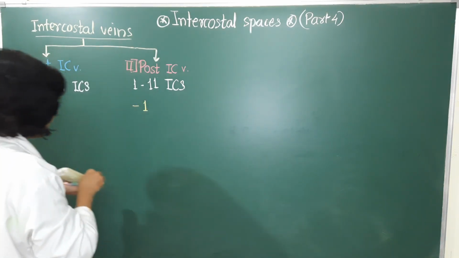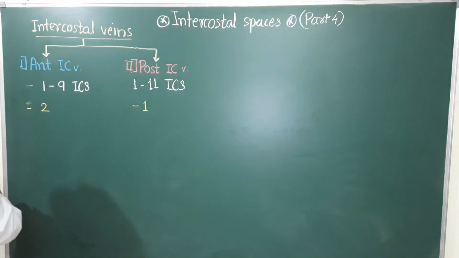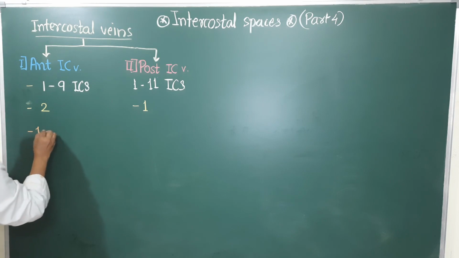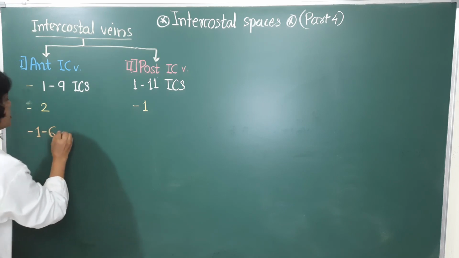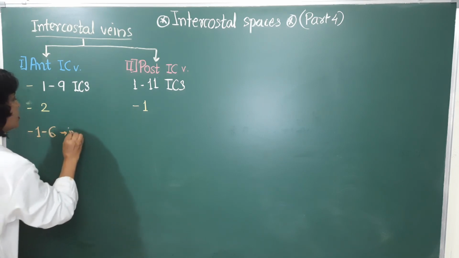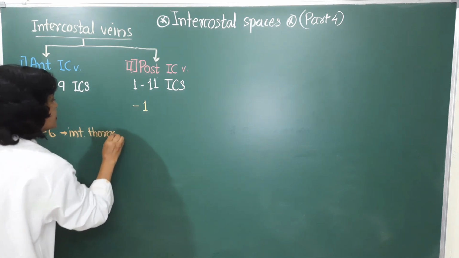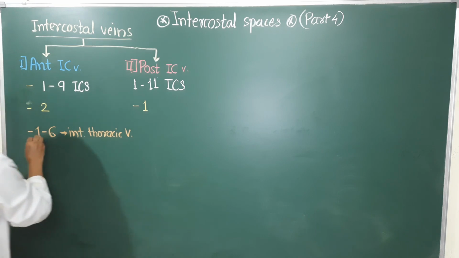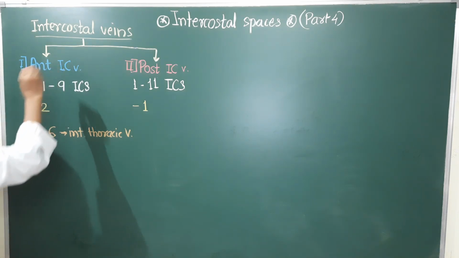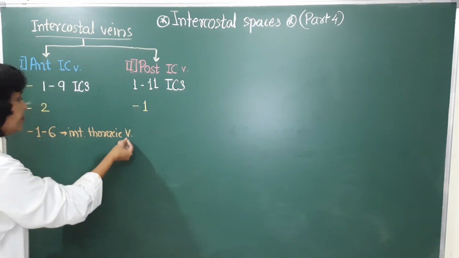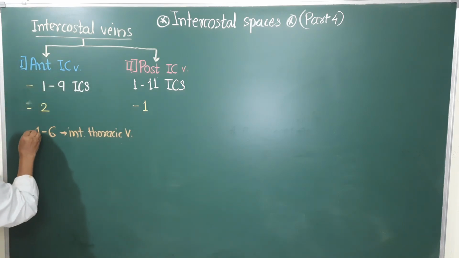Then coming to the termination, where these anterior intercostal veins terminate. From the 1st to the 6th intercostal spaces, they terminate into the internal thoracic vein. The 1st to the 6th anterior intercostal arteries are the branches of the internal thoracic artery, and similarly the venous drainage is the same vein.